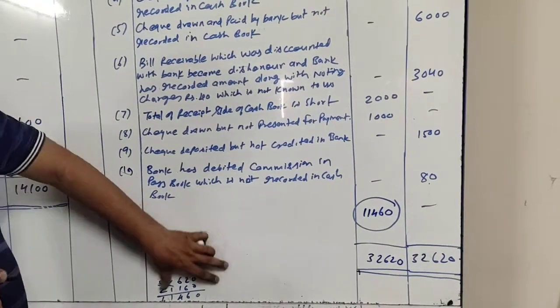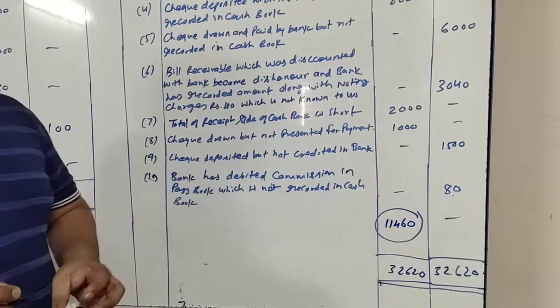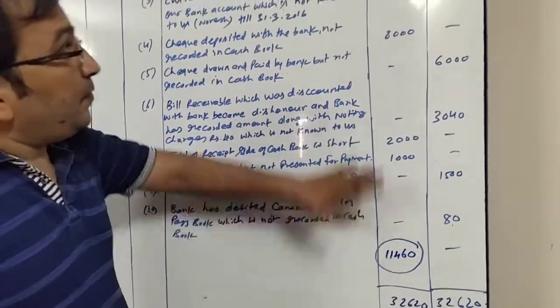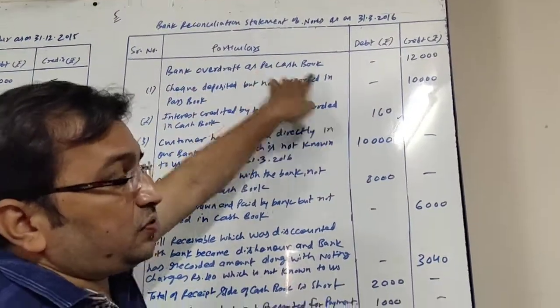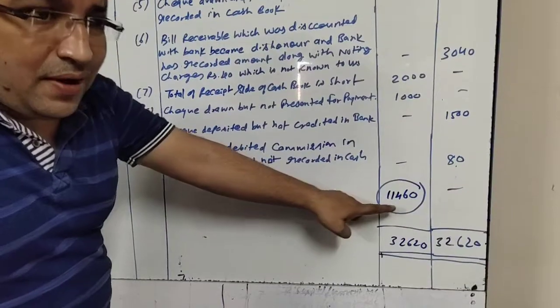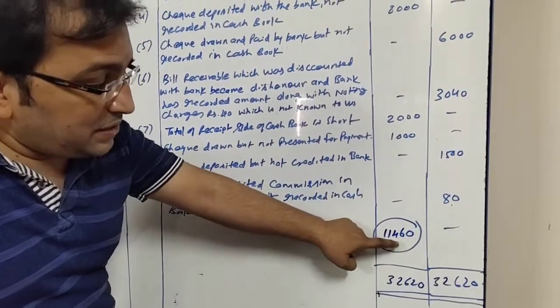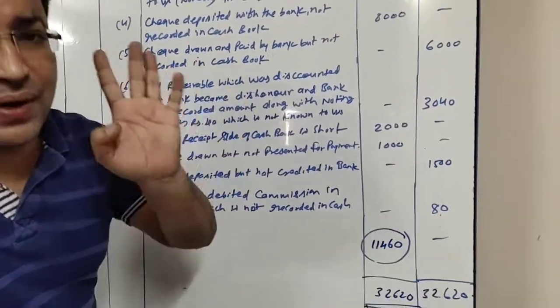Now again we have to decide whether this is bank overdraft or bank balance. So this will be decided from this. We have started from the cash book, so this is the answer of the passbook. This is the balance as per passbook. Now as this is a debit balance as per passbook, that means bank overdraft.